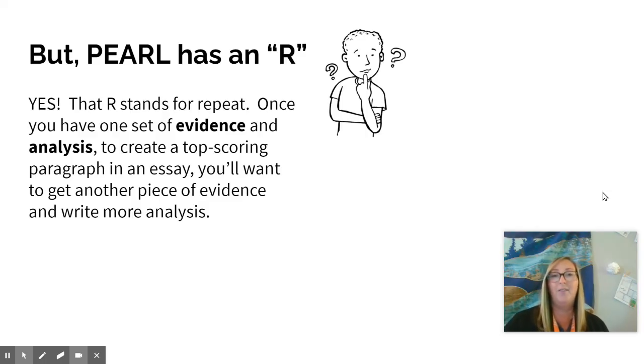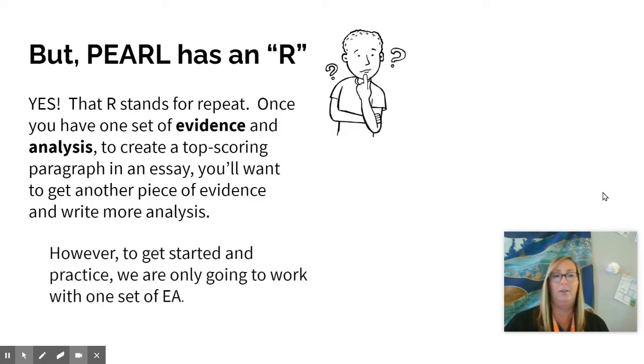So once you have a set of evidence and analysis, that initial EA, in order to get a top score and in order to have a full essay, you'll want to repeat that process, another E and another A. However, right now for this week, we're just going to have PEAL. Because once you figure out how to do the E and the A, you can simply repeat it. So right now, it's just going to be PEAL.